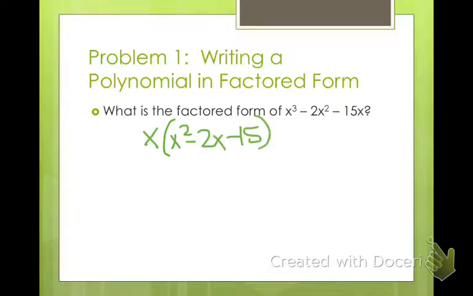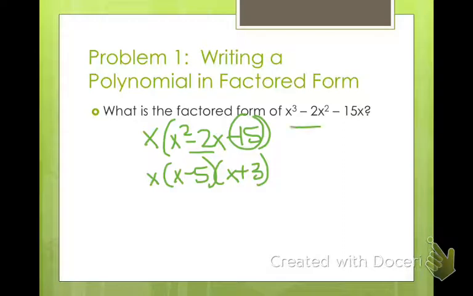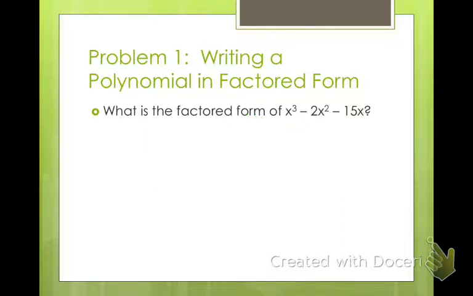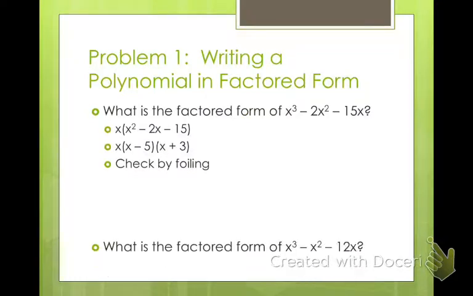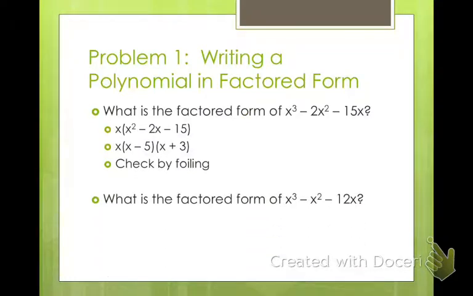What are my multiples of negative 15 that add up to be negative 2? Well, 3 and 5 make 15, so I'm going to have x minus 5, x plus 3. So that's my factored form of this polynomial, and we can check by foiling to make sure that we got it right.